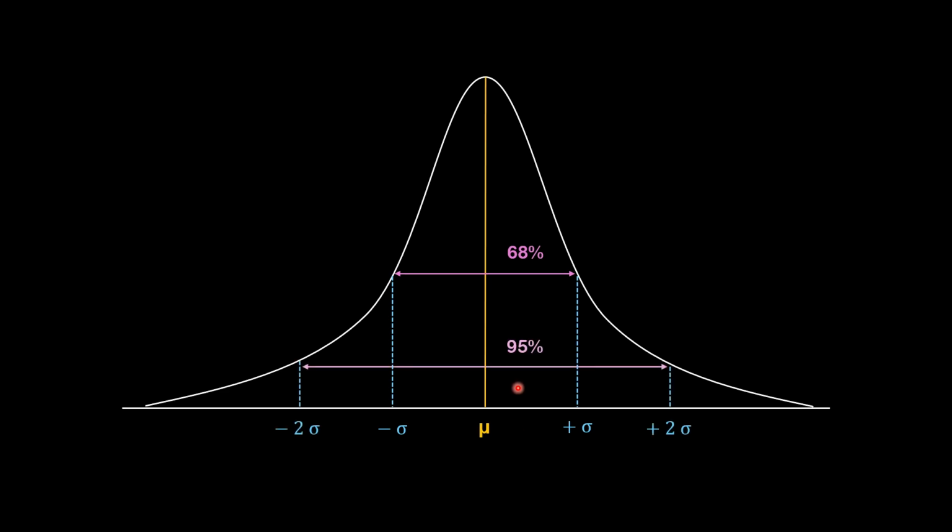Approximately 95% of data lies between -2 and +2 standard deviations from the mean. And approximately 99.7% of data lies between -3 and +3 standard deviations from the mean. And this property of the normal distribution makes estimating probabilities and performing statistical tests super easy. And when I say statistical tests, I'm thinking about building confidence intervals and performing hypothesis testing.